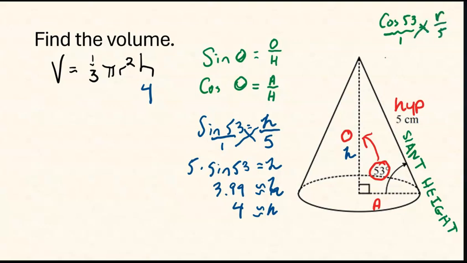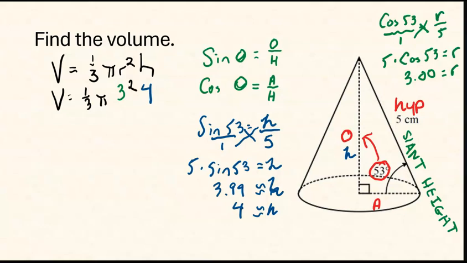Then I'm going to cross multiply. I'm going to get 5 times cosine 53 equals r. And I'm going to ask my calculator, and my calculator told me it is 3.00 or 3. With that being said, I have found the dimensions I need to complete the volume formula.